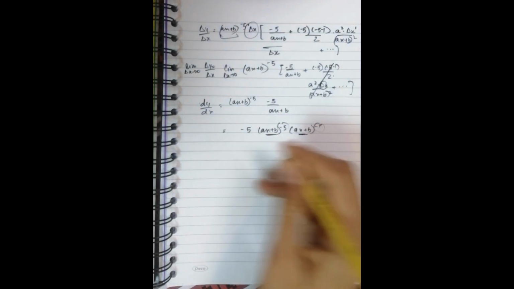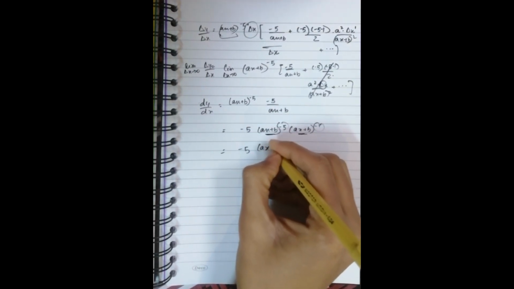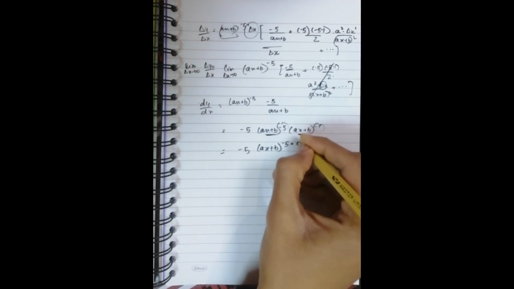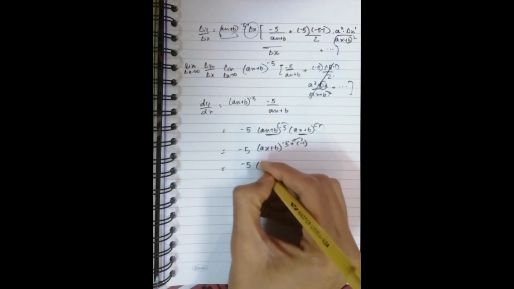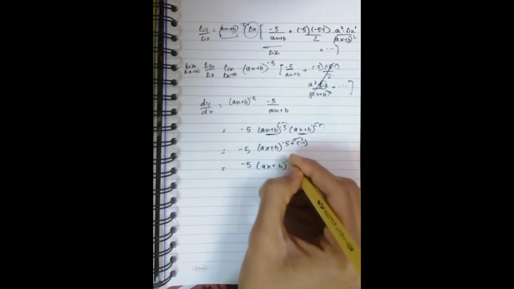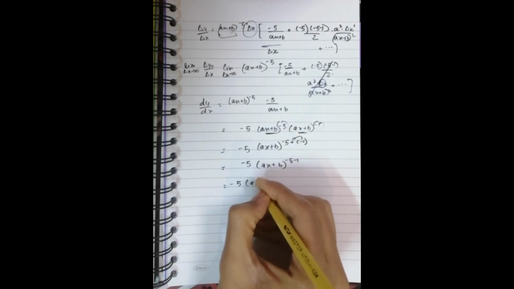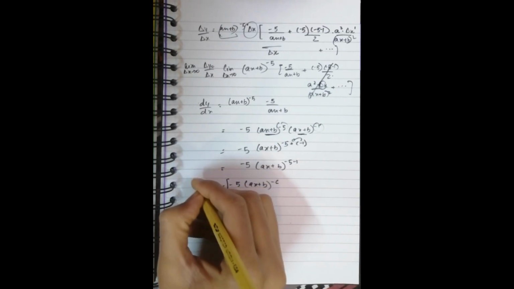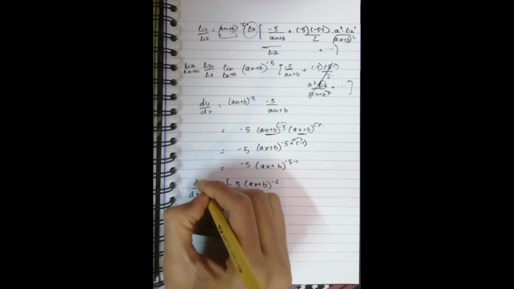So minus 5 plus minus 1, a negative multiplied by the positive gives a negative answer. So minus 5 minus 1, and that is minus 5 (ax + b) power minus 6, and this is the final derivative of the function d by dx of 1 divided by (ax + b) power 5.